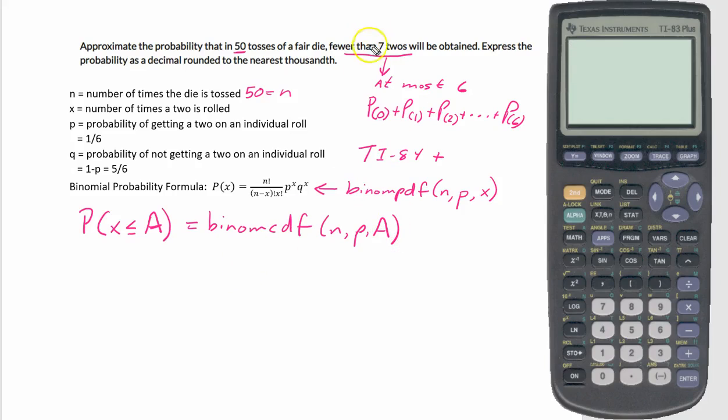Okay, so fewer than 7 2s is at most 6 2s. And so your A here, your capital A, is going to be 6.